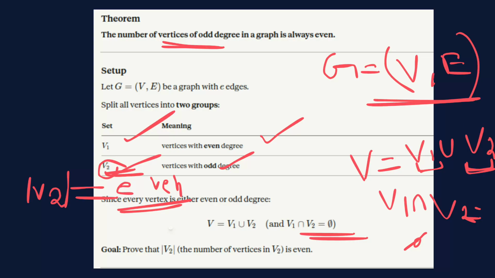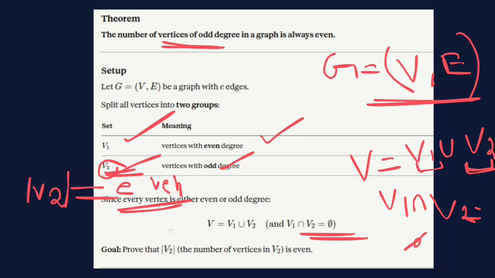So this is how we are going to first state the setup. We have a graph G with vertex set V and number of edges E, right? We will first say it like this. Then we are going to consider V1 and V2. V1 is the vertices with even degree and V2 is the vertices with odd degree. Now V is equal to V1 union V2.